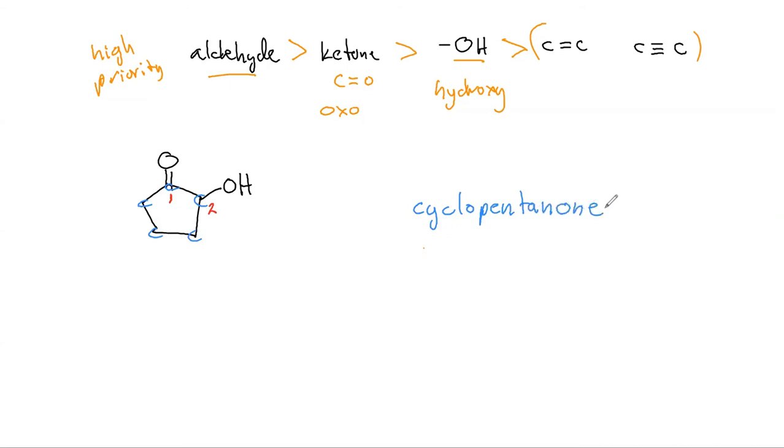Now, in this case, since it is the number 1 and it's a ring, the ketone has to be at the number 1. We could actually leave the 1 out. However, I'll go ahead and put it just so it's not too confusing. Now we need to name the hydroxy group as a substituent. We've numbered the ketone 1, so the OH is 2, so we'd say 2-hydroxycyclopentanone.